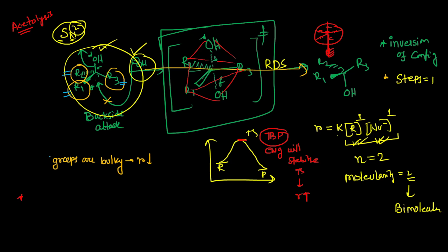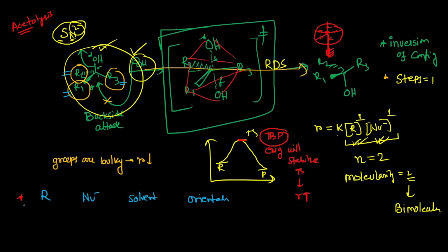Now the rate depends on a few things. First one is the substrate, or I can say reactant, then nucleophile, then solvent, then orientation. As it attacks from the backside only, this molecule should have some particular orientation to allow that OH to attack from the backward side.